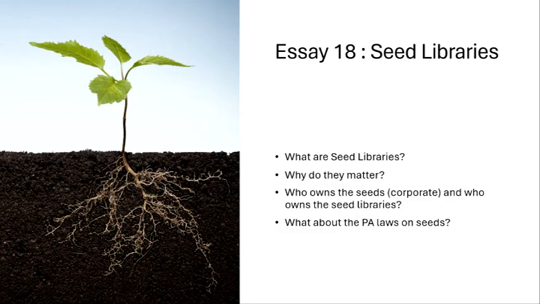And so we have an issue where seed libraries, which are publicly owned and operated and are supposed to be working together, there's no profits to be made by a seed library. But Monsanto selling seeds, that's profit. So there are some issues with this.